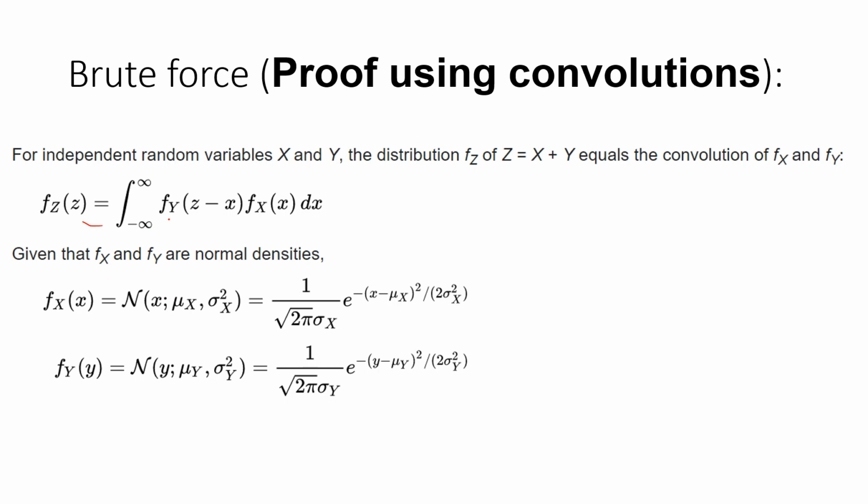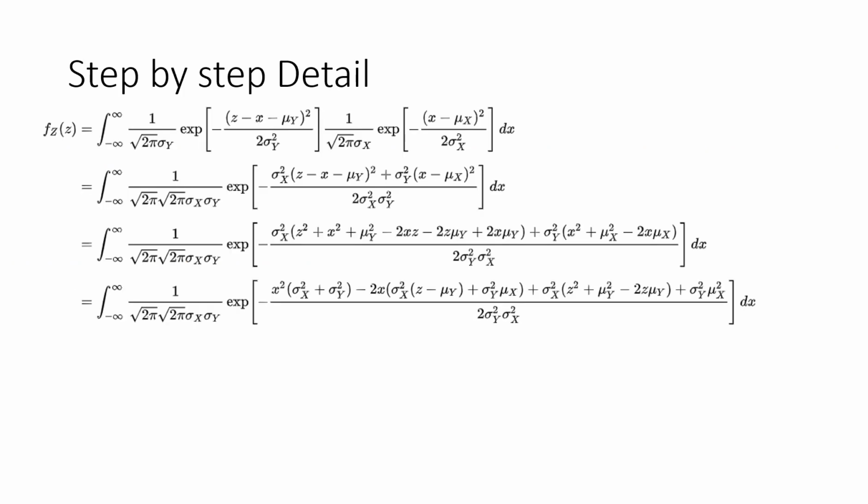We know that f_X and f_Y are PDFs, just the two normal distributions. f_X is 1 over square root of 2 pi sigma_x, times exponential of negative (x minus mu_x) squared divided by 2 sigma_x squared, and f_Y is 1 over square root of 2 pi sigma_y, times exponential of negative (y minus mu_y) squared divided by 2 sigma_y squared. So the rest we can do is just put everything into this convolution and do a happy integral.